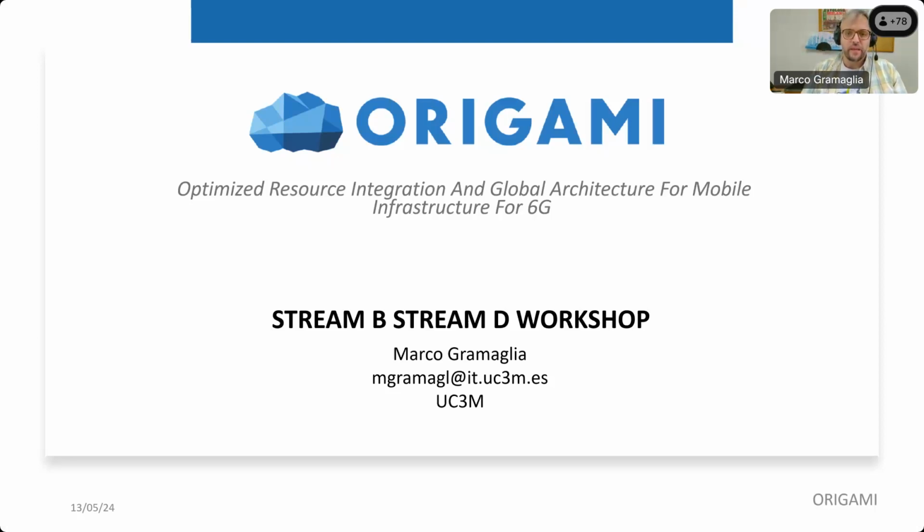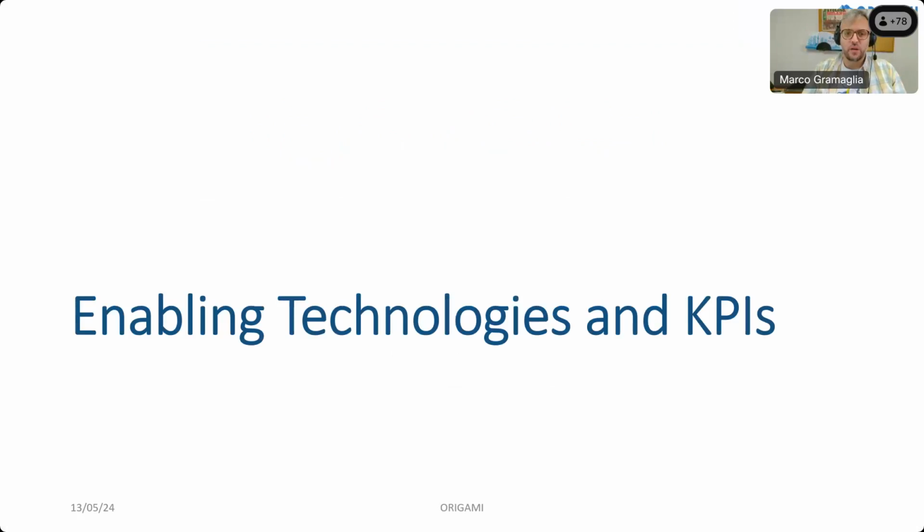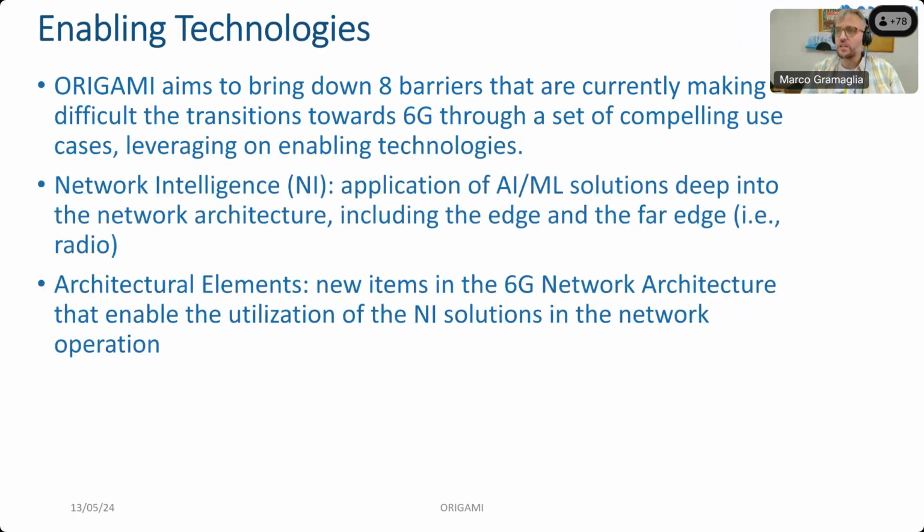So let's start with the first part, enabling technologies and KPIs. In a nutshell, Origami aims to bring down 8 barriers that are currently making difficult the design and the transition towards 6G.